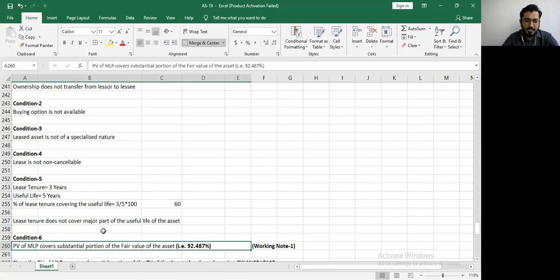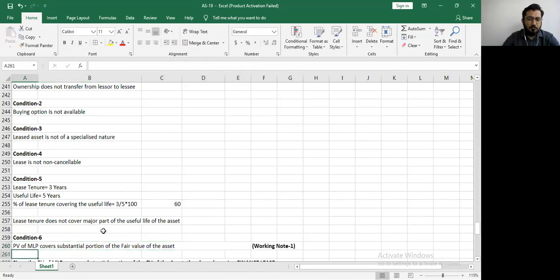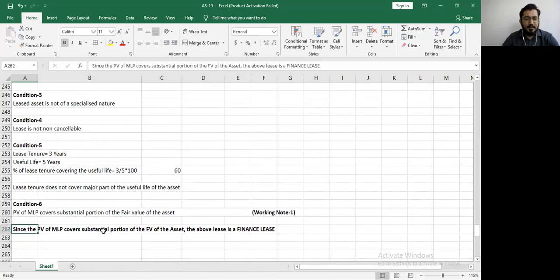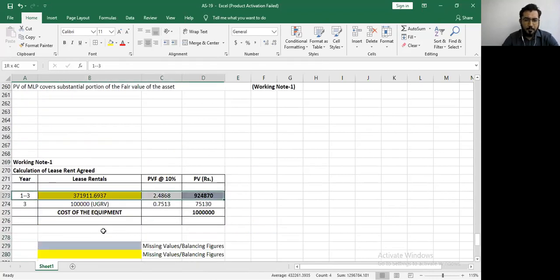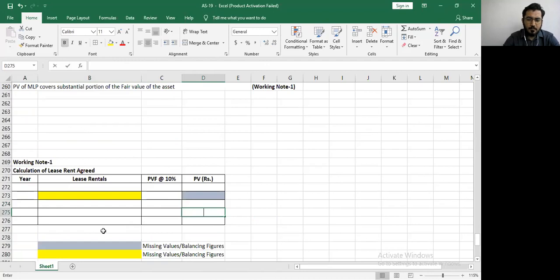Now let's move to the last condition. Present value of MLP covers substantial portion of the fair value of the asset. Let's solve it. Prepare a proper format. Again, you have 1 to 3 years. Your lease rentals are not given in the question, so you will leave that blank. You have 2.4868.